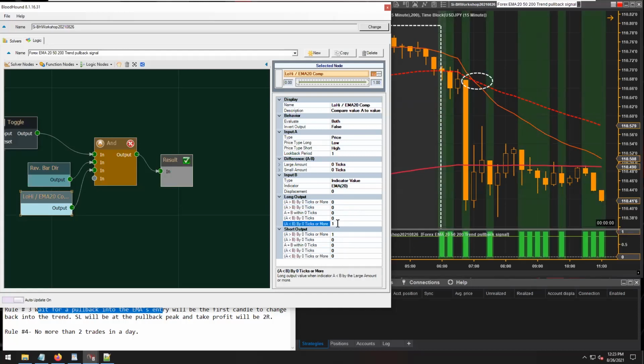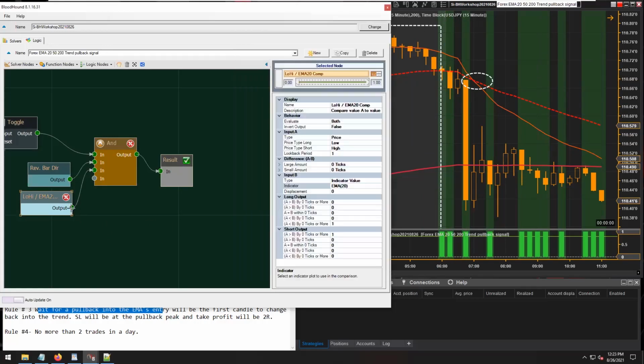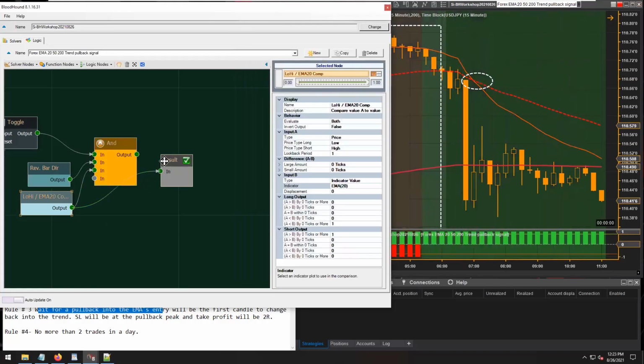So with the outputs, I'm looking for a long, I'm looking for A to be below B. And what's A? A is the low price. I want the low price to be below the EMA 20. So there we go. We can see the low is below the EMA, and a down bar. Here, let me just, all right, I should have connected that up like that.